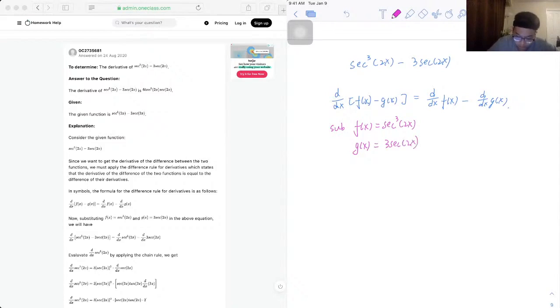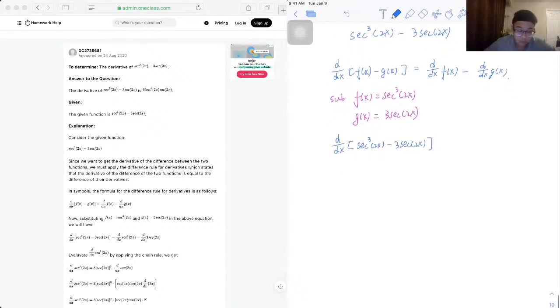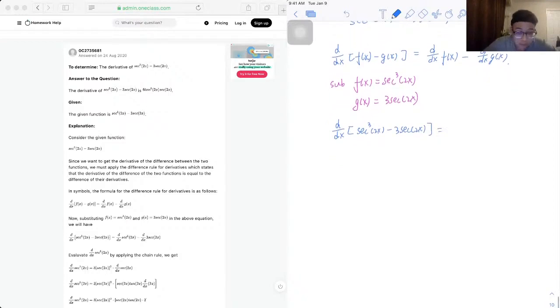So now we have d/dx of secant 2x to the exponent of 3 minus 3 secant 2x, and according to the difference rule, this is also equal to the derivative of secant 2x to the exponent of 3 minus the derivative of 3 secant 2x.